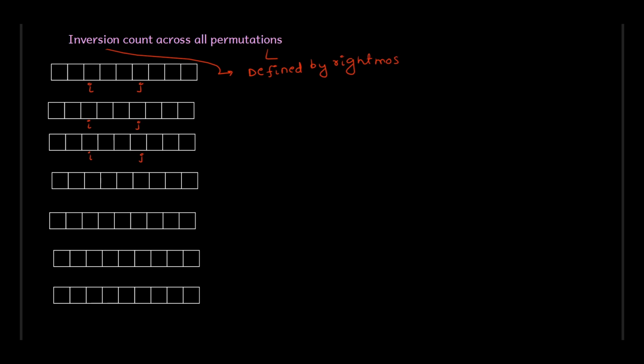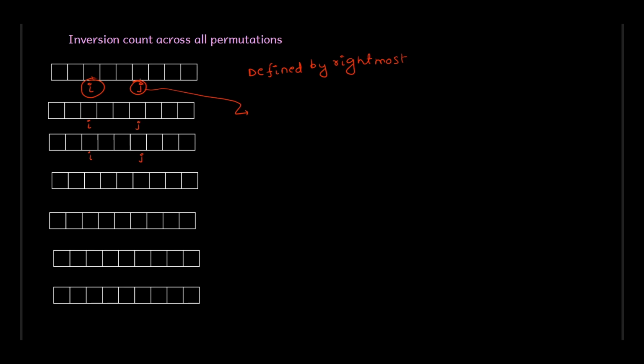So you always say that AJ is inverted with AI. You never say that AI is inverted with AJ. This is the convention that we agreed upon, that an element can only be inverted by its left element, not by an element on the right hand side. So if it is defined by the rightmost element, then let's consider this rightmost element.